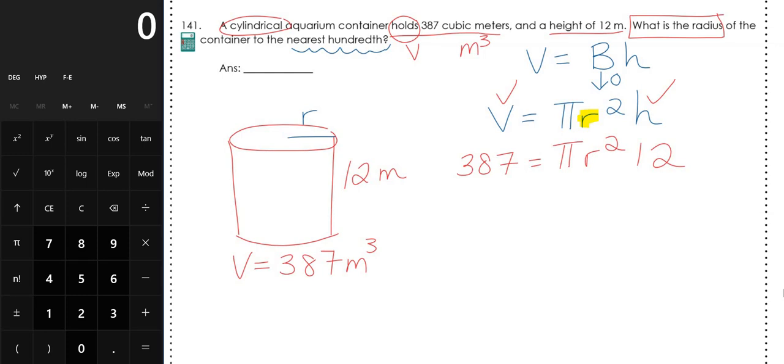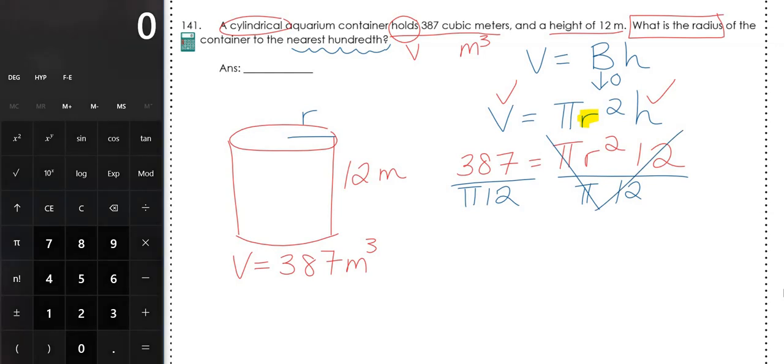Okay, let's start. We're going to divide both sides by pi and 12 to get r squared by itself. Pi's will cancel, 12s will cancel.